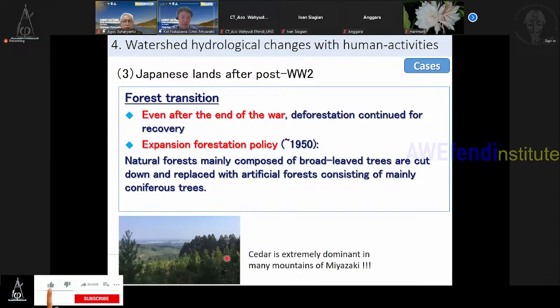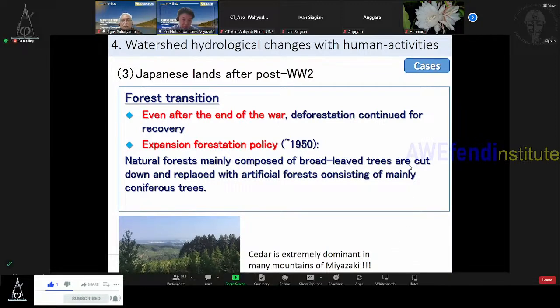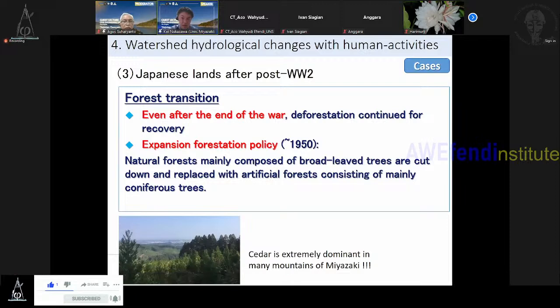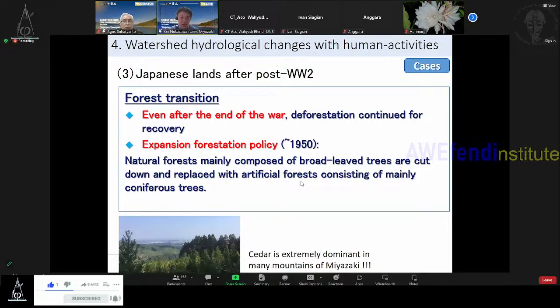You can see this photograph. This is a photo taken at Miyazaki, and most of the green trees are cedar, artificially planted trees. This is the typical situation of Japanese forest.